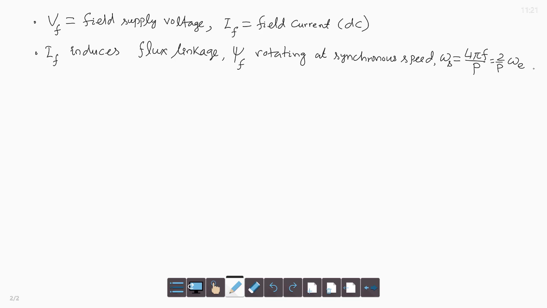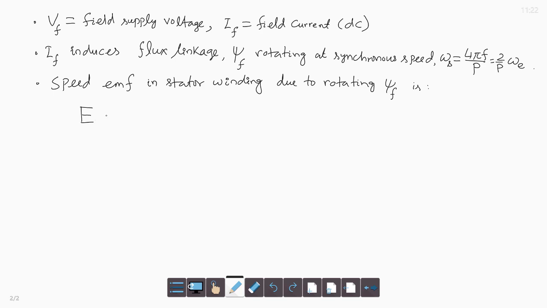So, because of this rotating field flux linkage psi f, it leads to induced speed EMF in stator winding, and this is given by E, that is omega e times psi f.